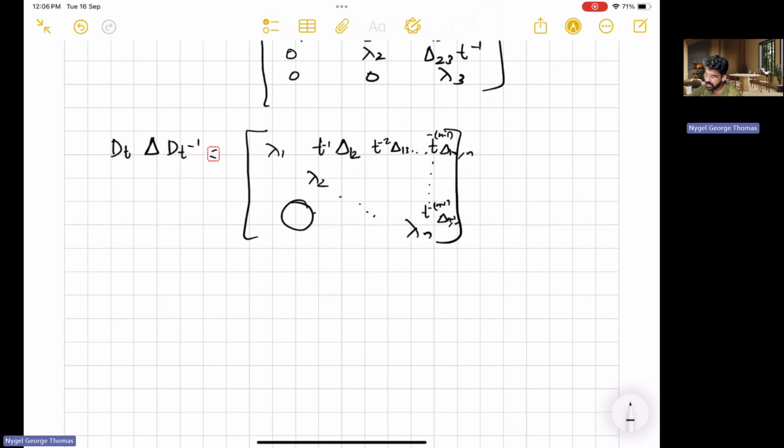Now what we can see here is that all these elements, the upper triangle elements, are multiplied by 1 by t or its powers, right?